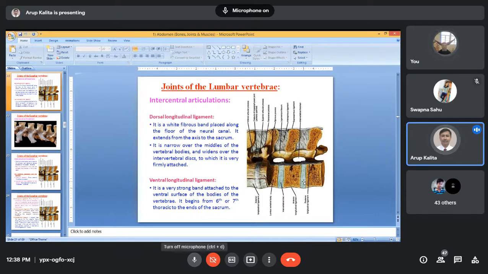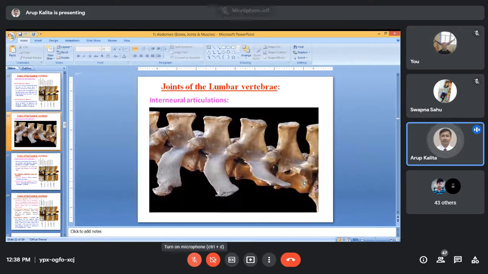Okay, coming to the next, the interneural articulation. Now you see the photograph. Here this is one lumbar vertebra, and this is another lumbar vertebra. This is the articular process of this vertebra, and this is the articular process of that vertebra.